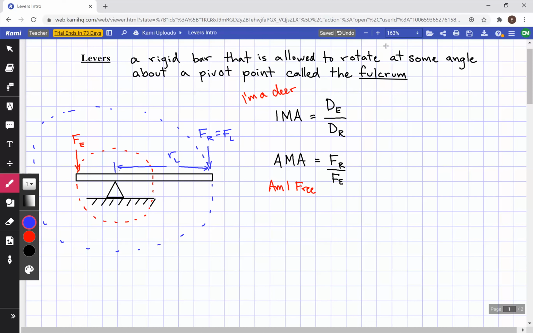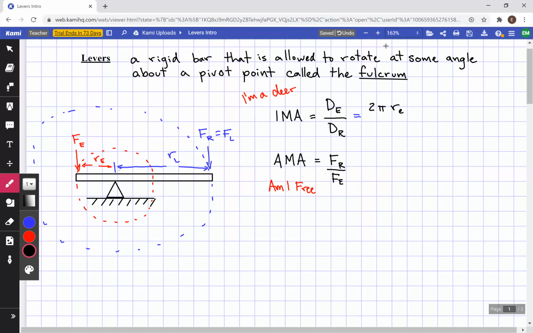So that would be to the load, and then to the effort, that would be RE. That's the radius from the fulcrum to the effort force. And now for our ratio of the circumferences, circumference is 2 pi times the radius.